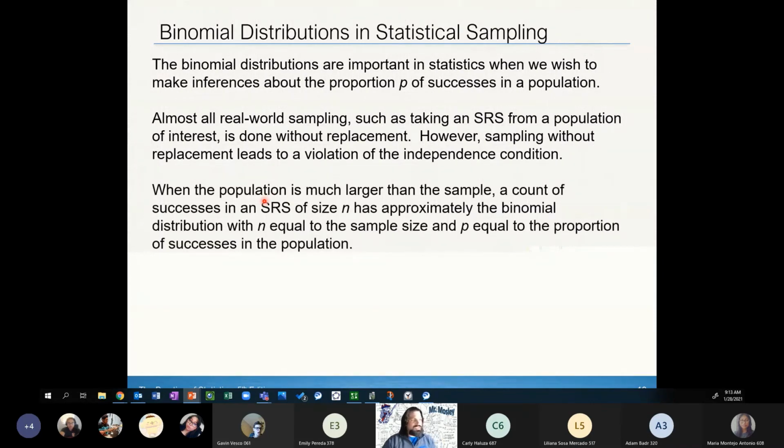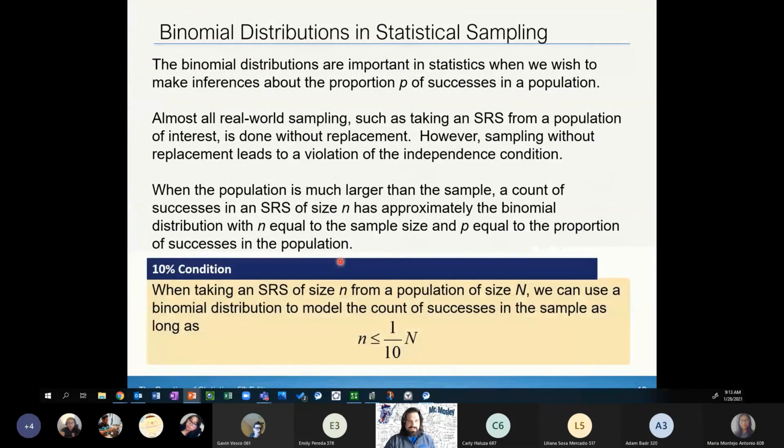When the population is much larger than the sample, a count of success in an SRS of size n has approximately a binomial distribution, with n equal to the sample size and p equal to the proportion of success in the population. This is good news. This leads us to our 10% condition.